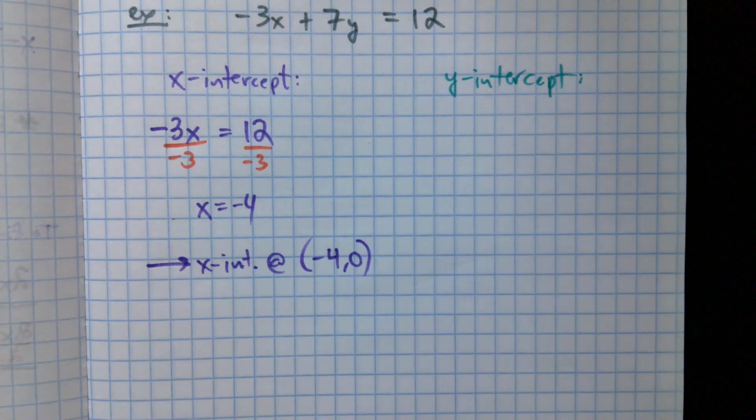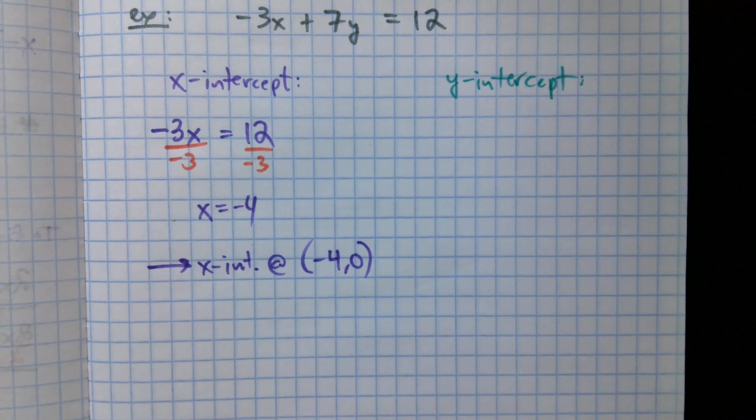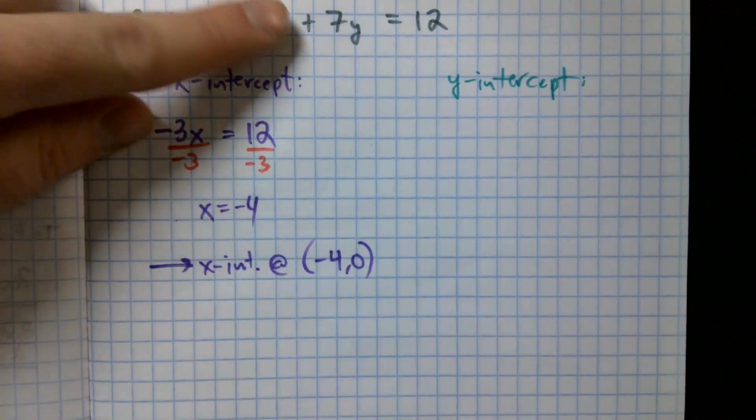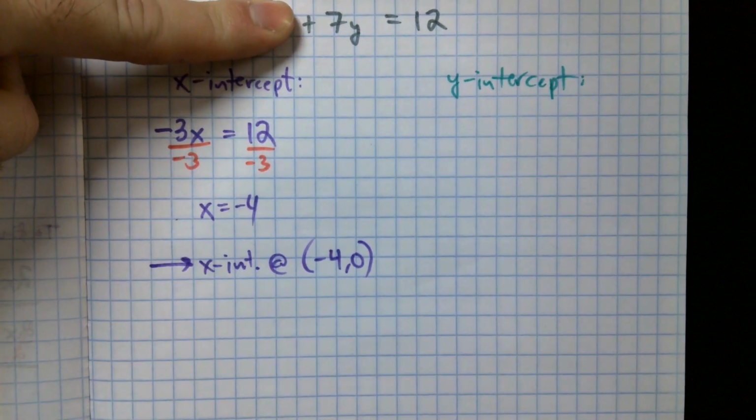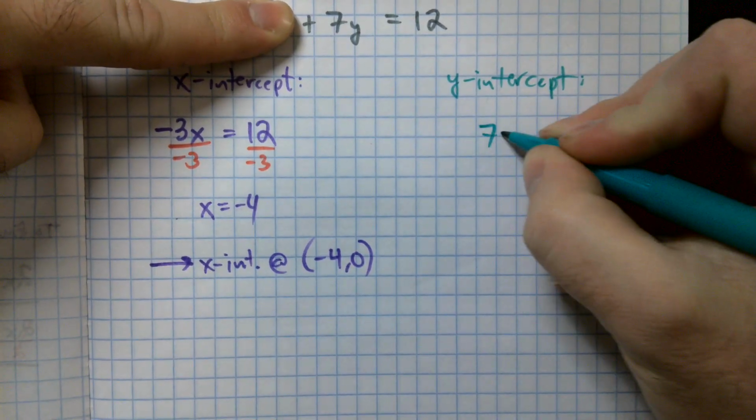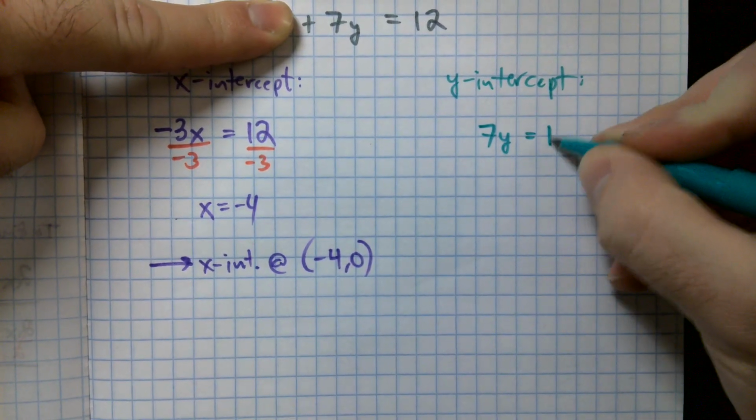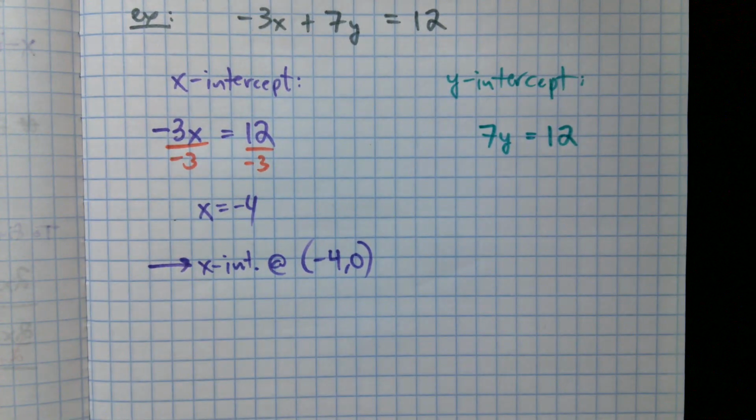If I want to find the y-intercept, what do you think I'm going to ignore about this equation? The x. If I cover up negative 3x, what do I see? I see the equation 7y equals 12. So it's kind of like we're splitting this up into two separate problems. How can I get y all by itself here?